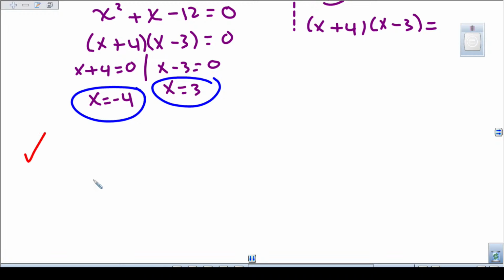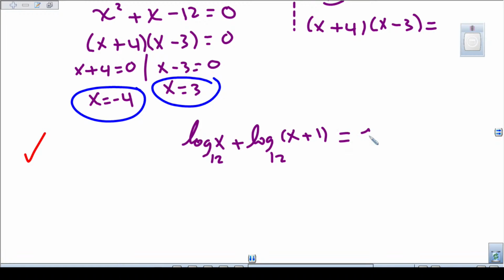Let's see if I can plug in -4. So what is the problem? It states log base 12 of x plus log base 12 of x plus 1, and we're asking if this equals 1. Remember, we're checking. We're not sure yet. Actually, let's check the 3 first.